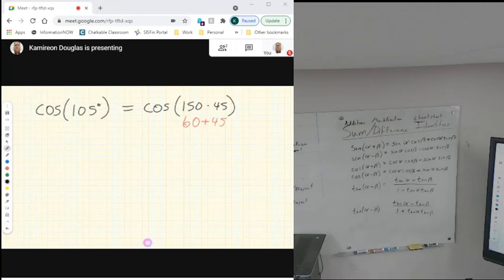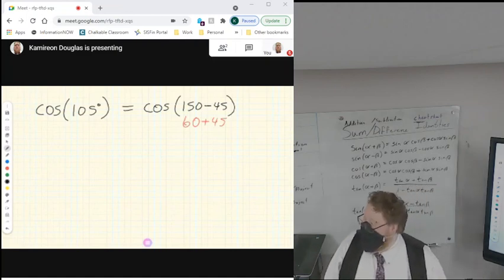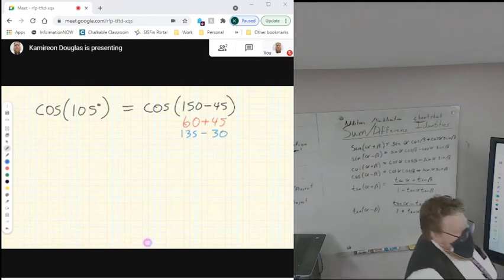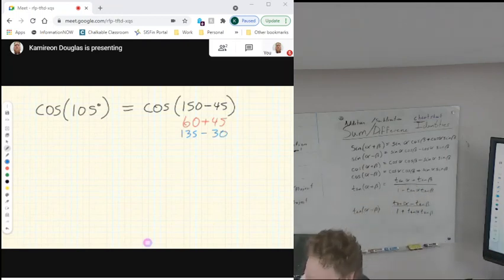Again, there are a lot of ways I can do these problems. Or 135 minus 30. Oh yeah, that's a good one. And you can think of some more if you want. I like the 60 plus 45. And you'll find that whenever I do these problems, I try to stick as much as possible in the first quadrant.